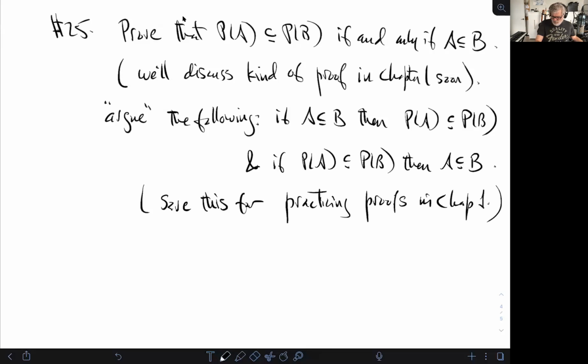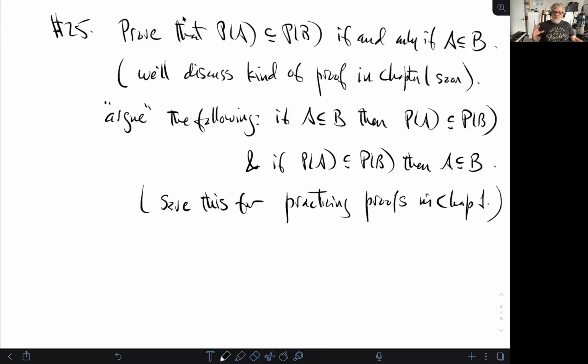I think for 2.1, basically all the other problems are fairly straightforward. There is number 47, the very last problem in that section, which is starred, and they're asking you to describe a procedure for listing all the subsets of a finite set.